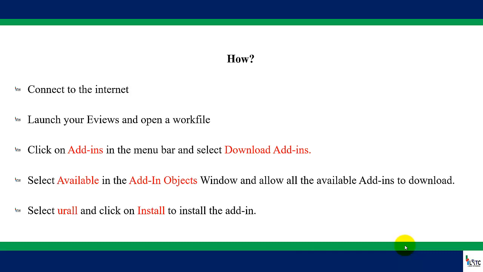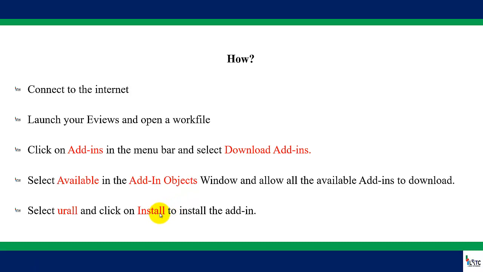Next is to check for this particular name, that is unit root all. Once you click on unit root all, then you will see the install button. Next is to click on that install button to install it.